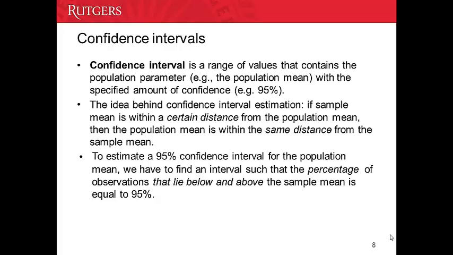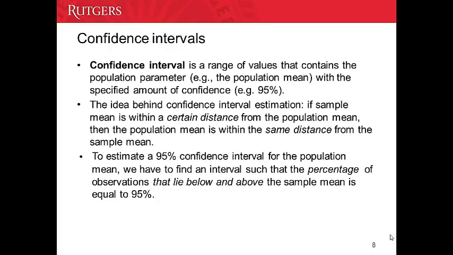As we discussed before, the sample mean can be used to calculate the t-score, which follows the t-distribution. With the t-score, we can find the percentage of observations that lie below or above the sample mean. So we can find an interval.